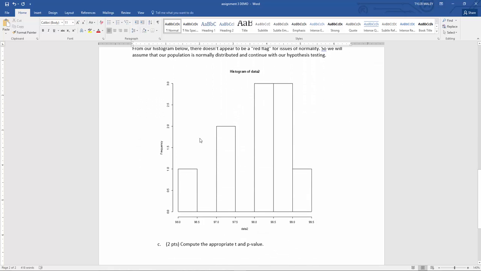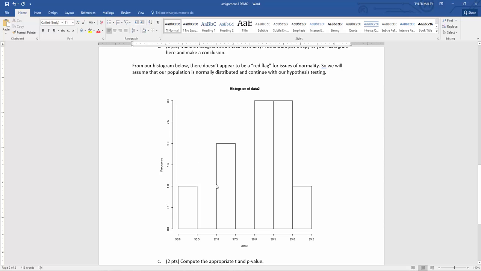Again, this is just a very basic technique to see if we have any red flags or concerns for normality. This histogram looks somewhat normally distributed, and because we only have a sample size of 10, it's not like it's really skewed or anything of that sort.